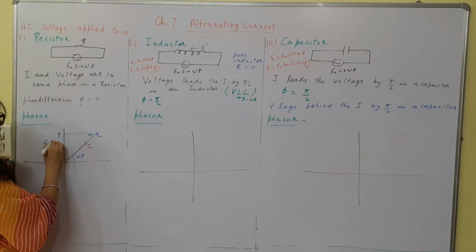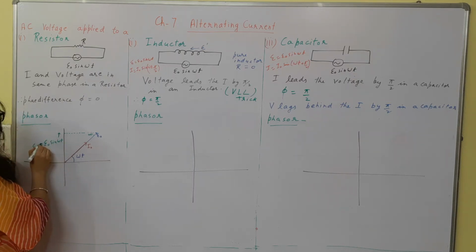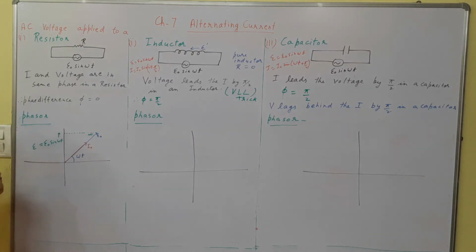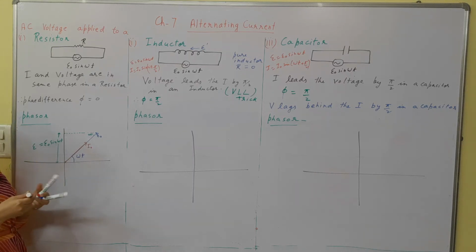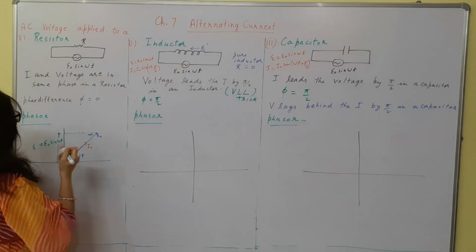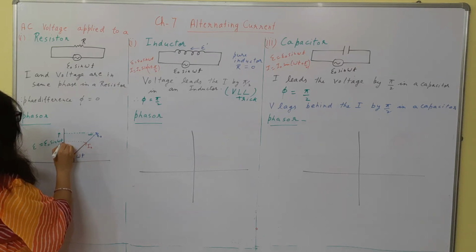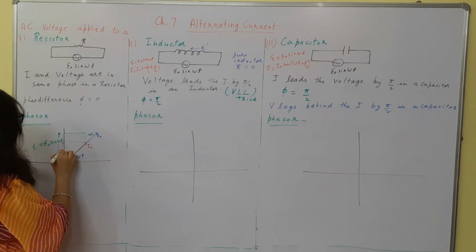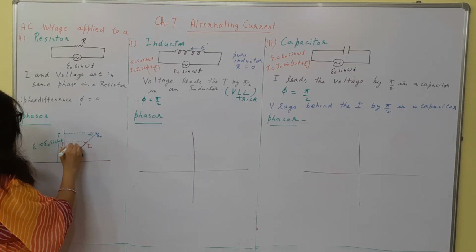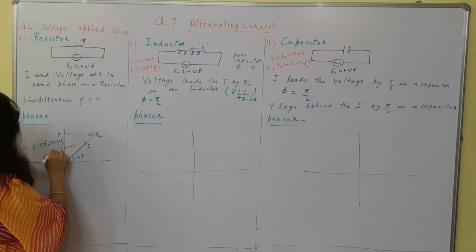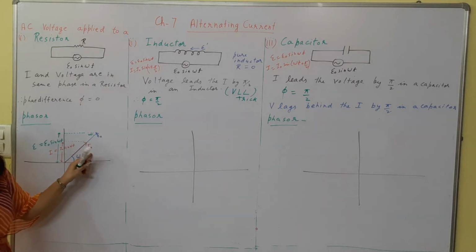So this will be E naught sine omega t, which is the value of EMF at any time t. If I take the projection of the current phasor, this will be I naught sine omega t, and this gives you the current value at any time t. So this is the phasor for resistor.